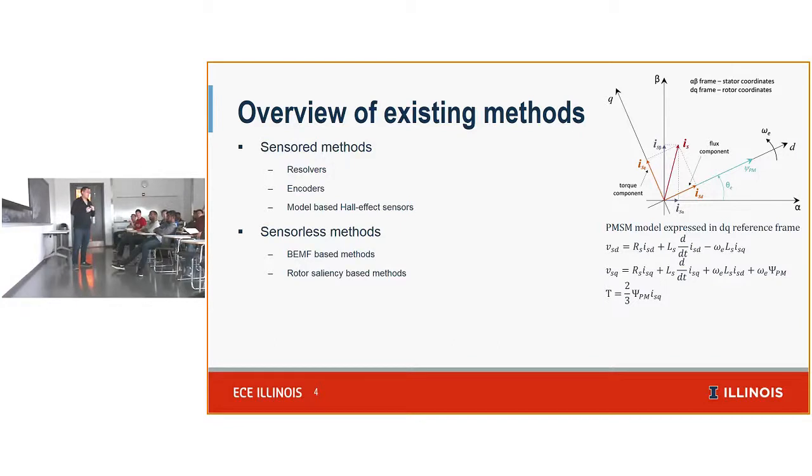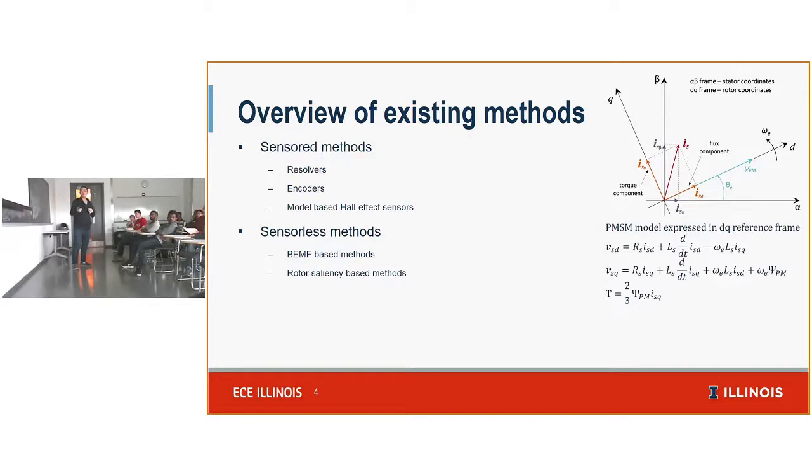But the key weakness in this method is that at low speeds or zero speed, there is no back EMF term. So you will not have a significant signal, and at low speeds, the signal will also be affected by the resistive term. So the accuracy suffers at low and zero speed.